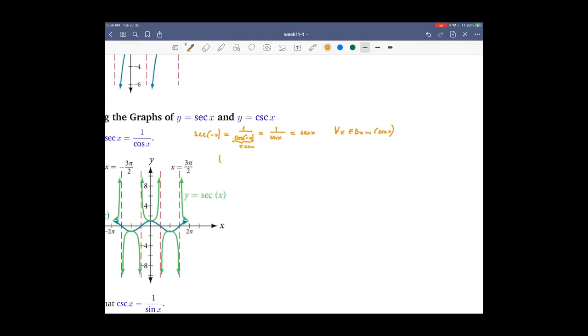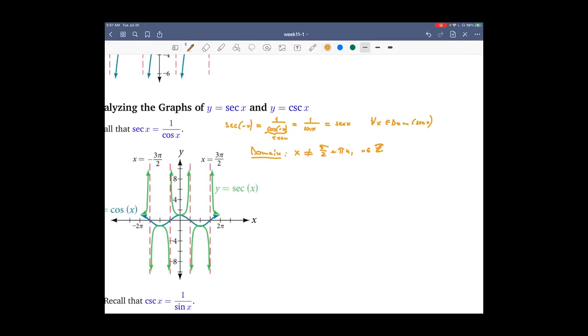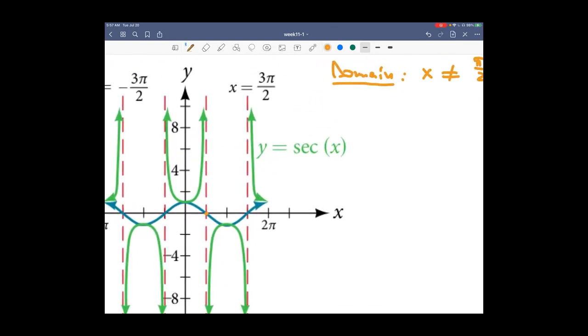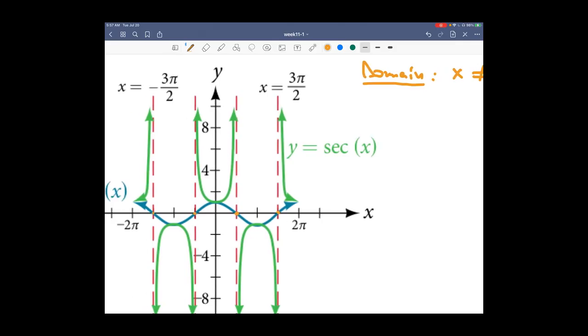And by the way, what's the domain? Domain is all the real numbers except those where cosine is 0. And cosine is 0 at points pi over 2 plus an integer multiple of half a revolution. So the zeros of cosine, pi over 2, negative pi over 2, 3 pi over 2, negative 3 pi over 2, become vertical asymptotes of secant.